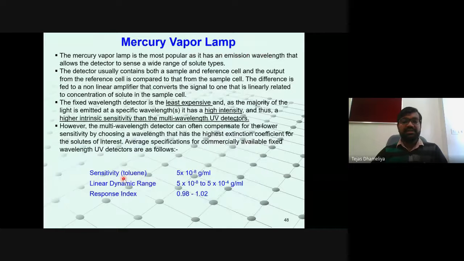This mercury vapor lamp consists of mercury, which generates vapors. It is the most popularly used because its emission wavelength allows the detection of a wide range of types.